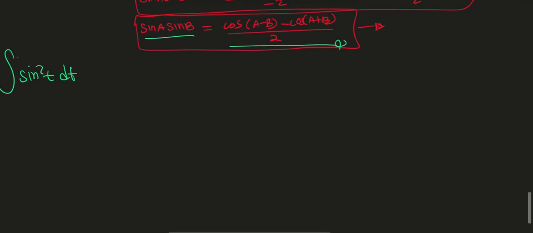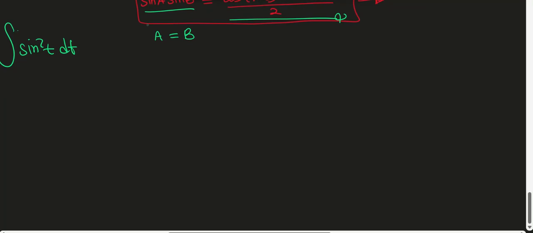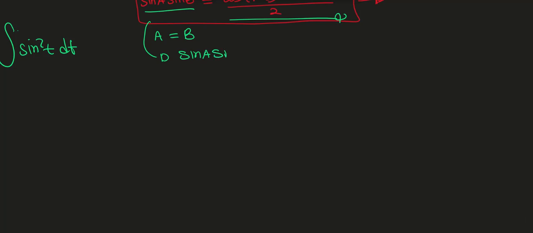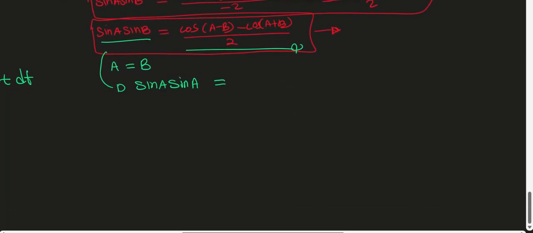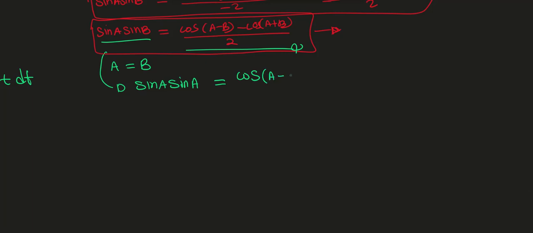Okay, to do that, let's let A be equal to B, and that allows us to write sine A multiplied by sine B, since A is the same as B, becomes sine A, and all of that is equal to cos(A minus A) minus cos(A plus A) divided by 2.